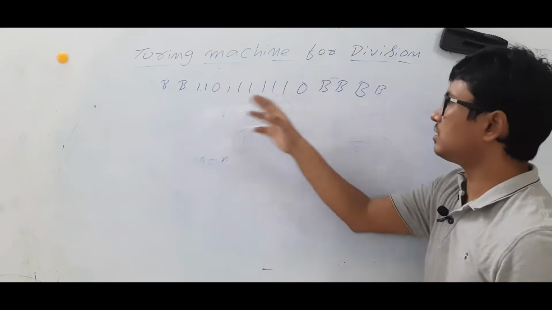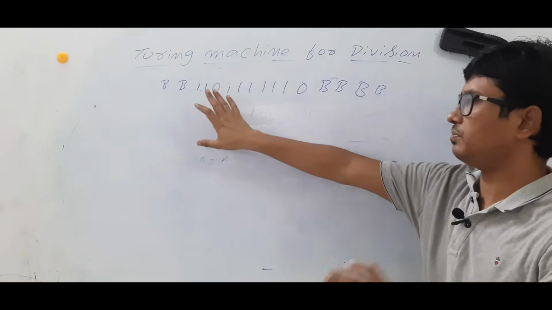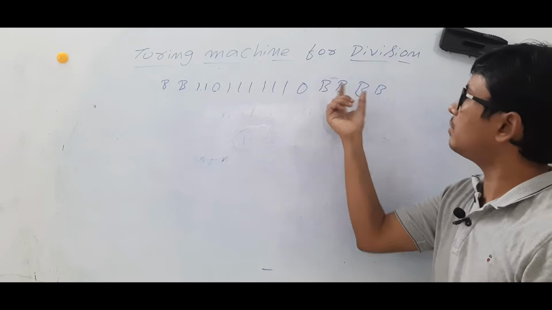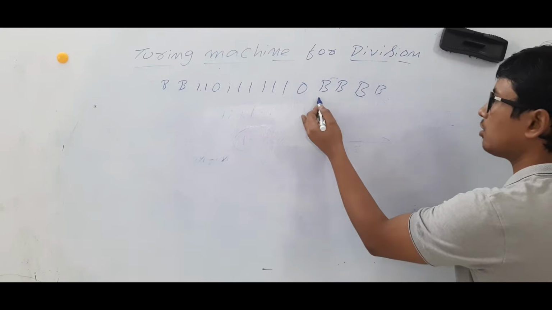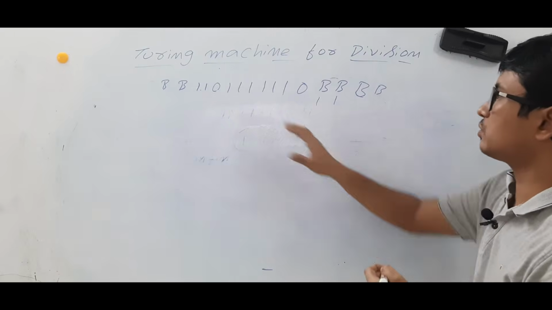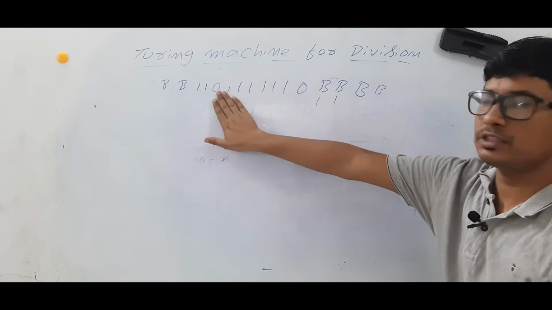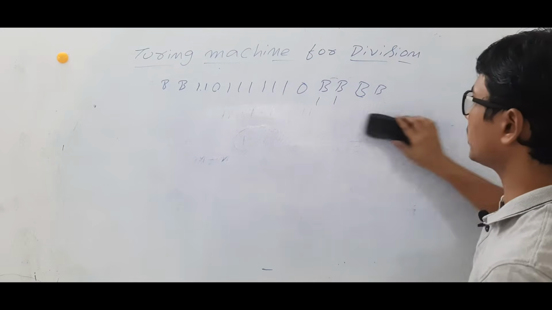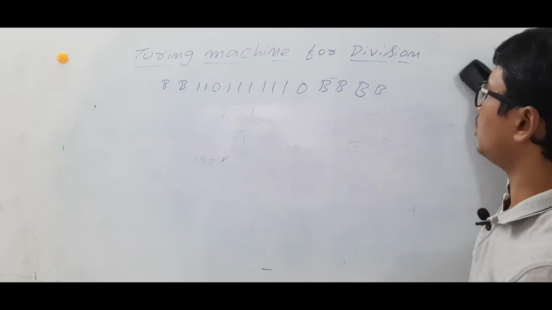Then you can ask me, sir, input separated with some 0 and again another input, it is okay, but why are you keeping again 0 here and blanks? My objective is that at last I want to store the output here. Is it clear? So that's why input 1 separated with 0, input 2 separated with 0, and a certain number of blanks are there. Okay, so finally I want to store the output here.